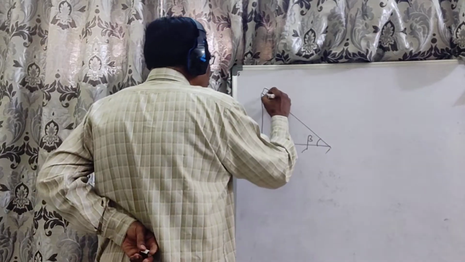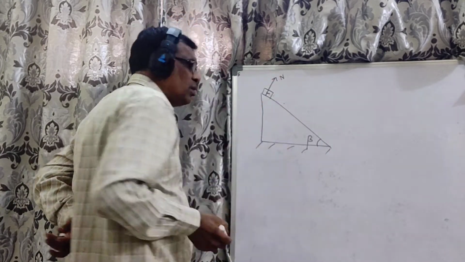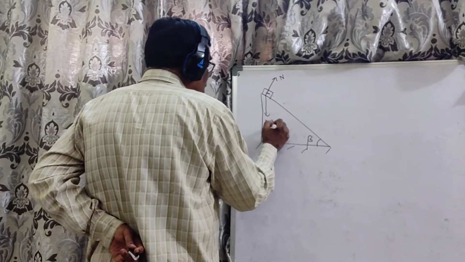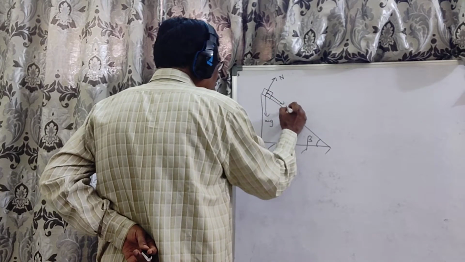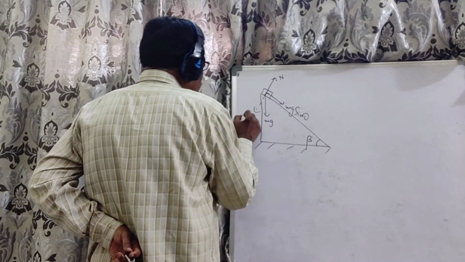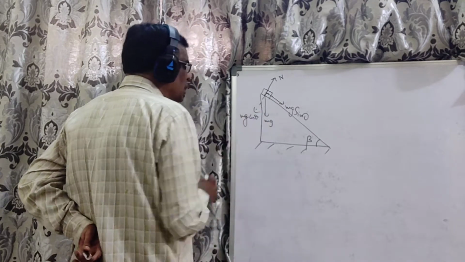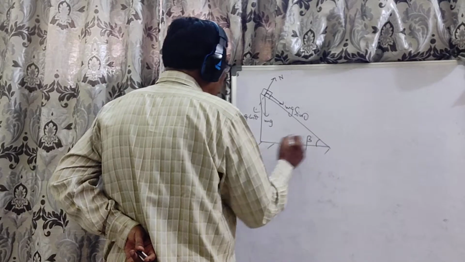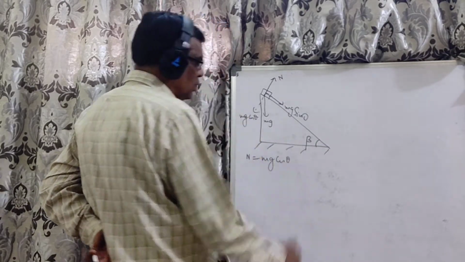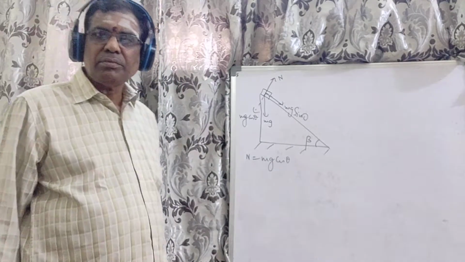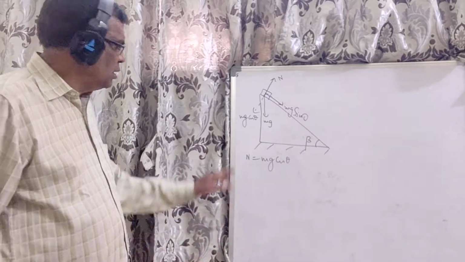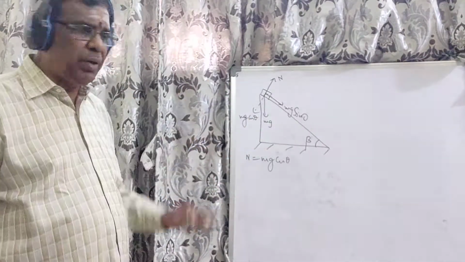If I plot the FBD there: N, this is mg, this will be mg sin theta, this will be mg cos theta, and the body will move down, but N is equal to mg cos theta. Okay? This is a fixed inclined plane.